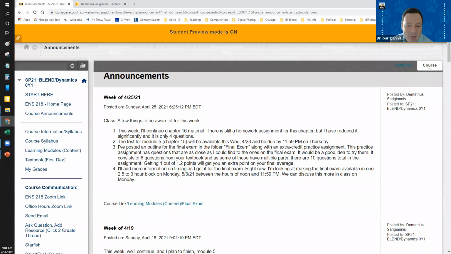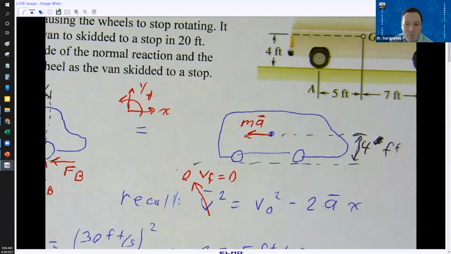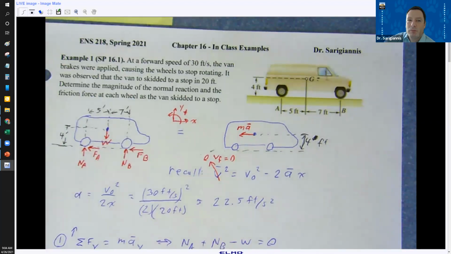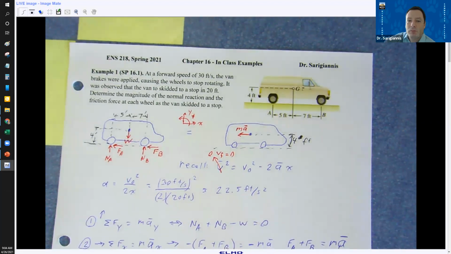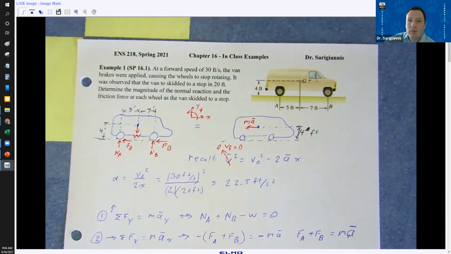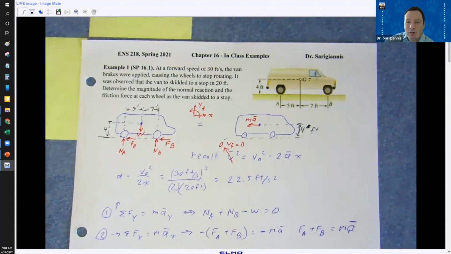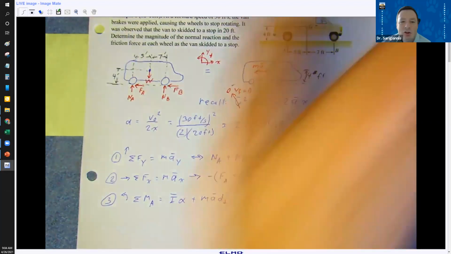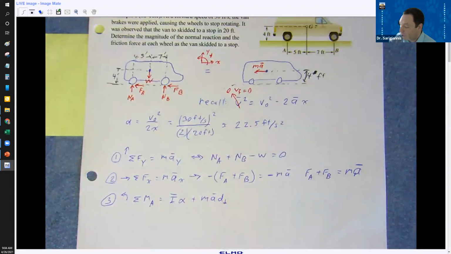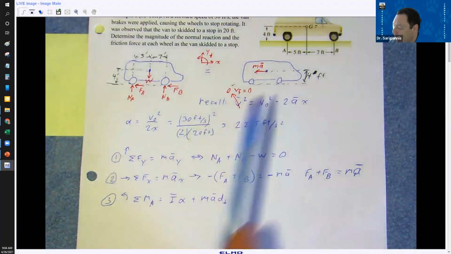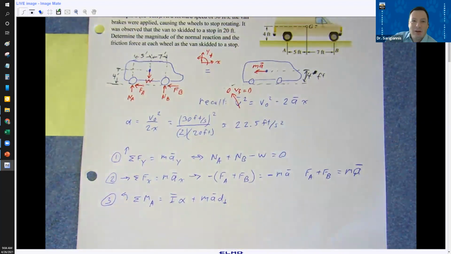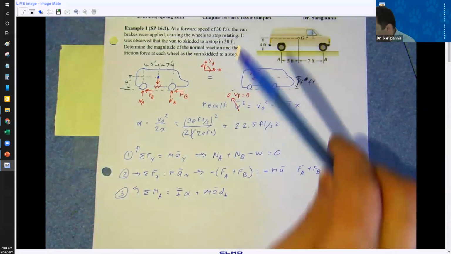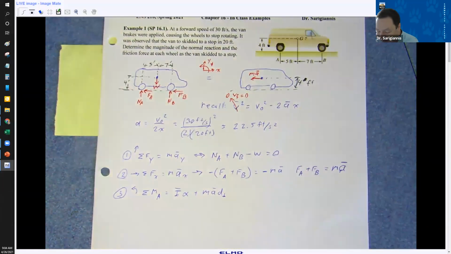Oops, my document camera closed. A little better. All right. We drew our free body diagram, right? We drew our kinetic diagram, which is relatively simple because we know it's decelerating, it's accelerating backwards.